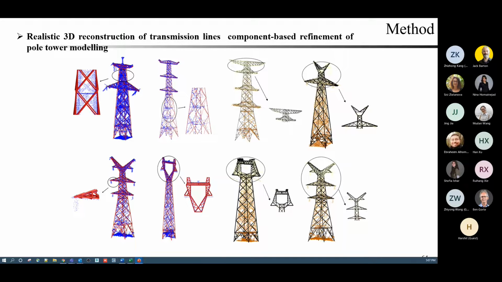Okay, those are the reconstruction results for different pole models. So in this way, we can have a very high resolution and high accuracy model we can use in the safety estimation and also the monitoring process. Next.